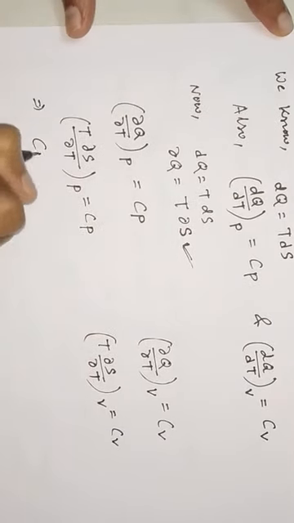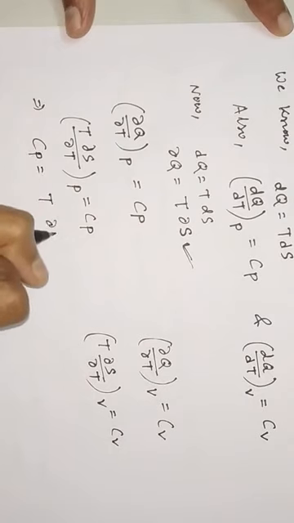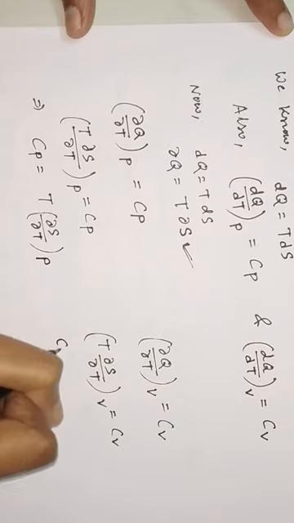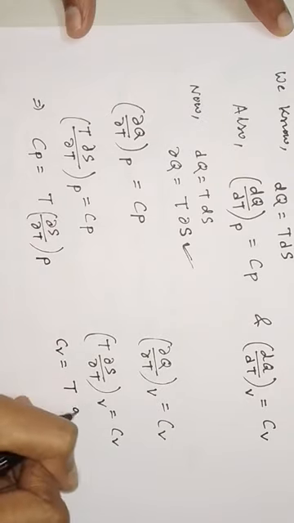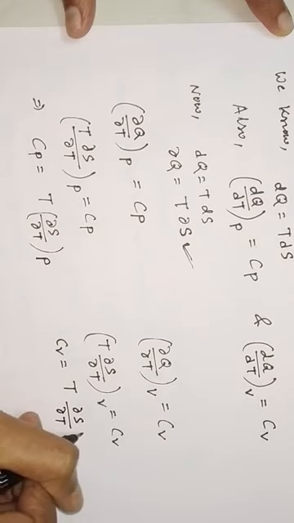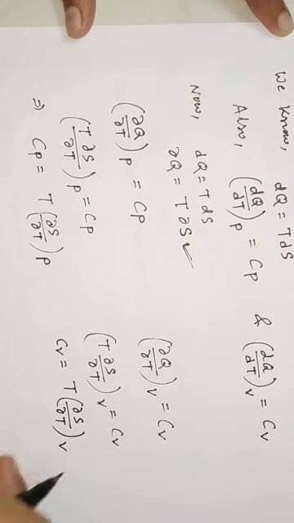Or finally Cp is T del S del T at constant P and Cv is T del S del T at constant V.